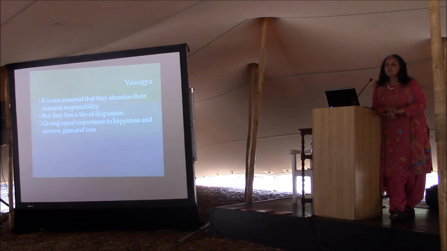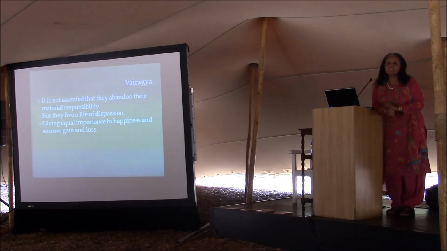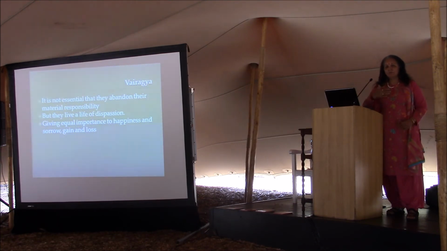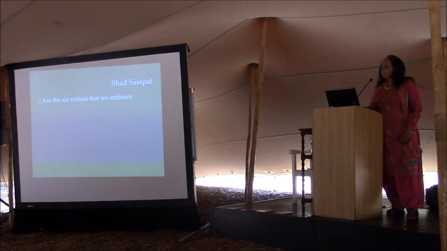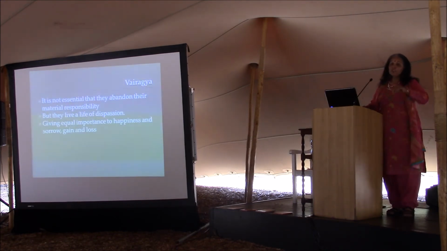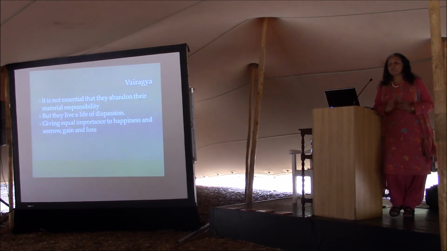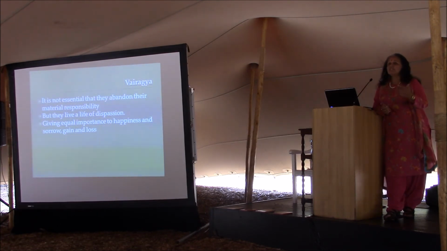So a person who's in a state of Vairagya learns how to balance, because they know that the extreme joy may not last, and the extreme sorrow also will not last, because it's perishable. So first you have to have these first two steps, that you are enlightened and you are detached.